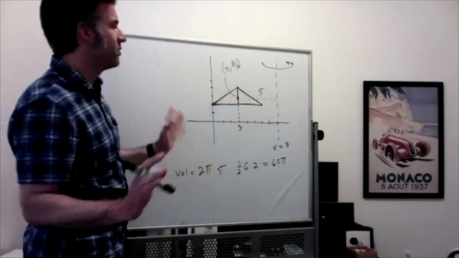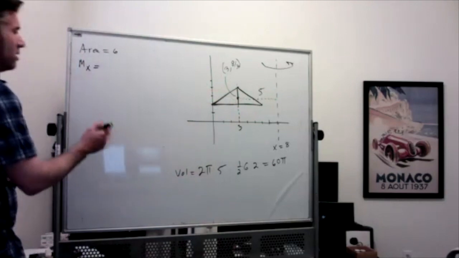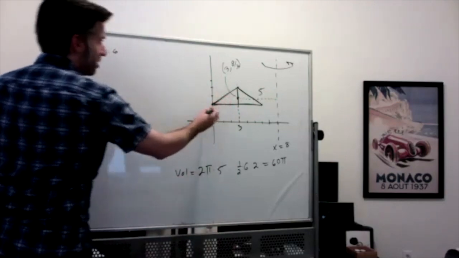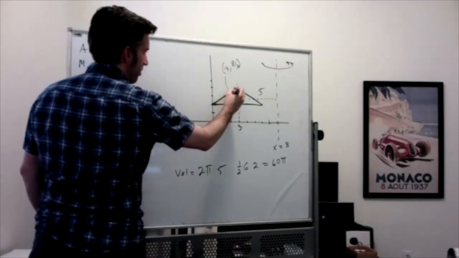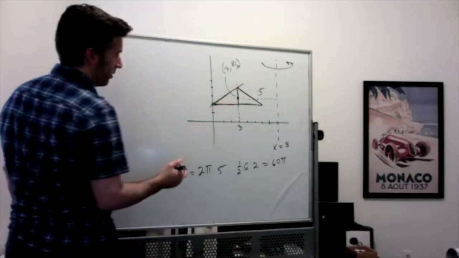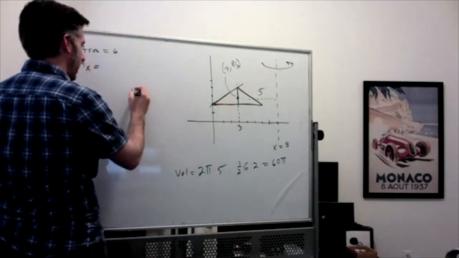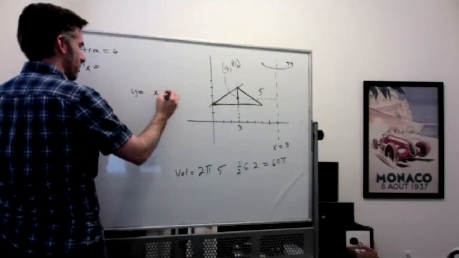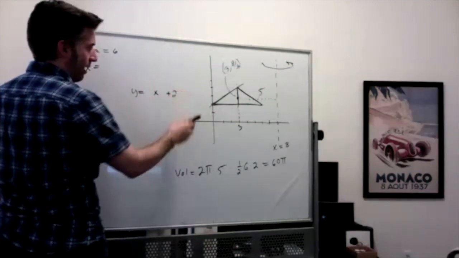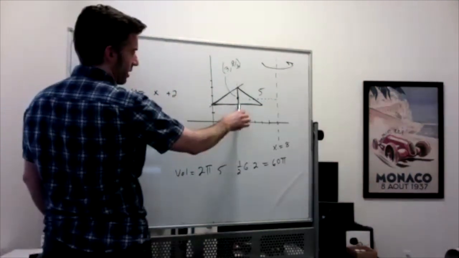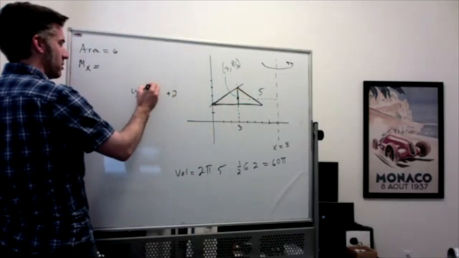So we'll do it as one piece, but let me just show you. So let's see, the equation of this line: I know I have a y-intercept of 2, and I know my slope, I'm going over 3 and up 2, so my slope is 2/3.